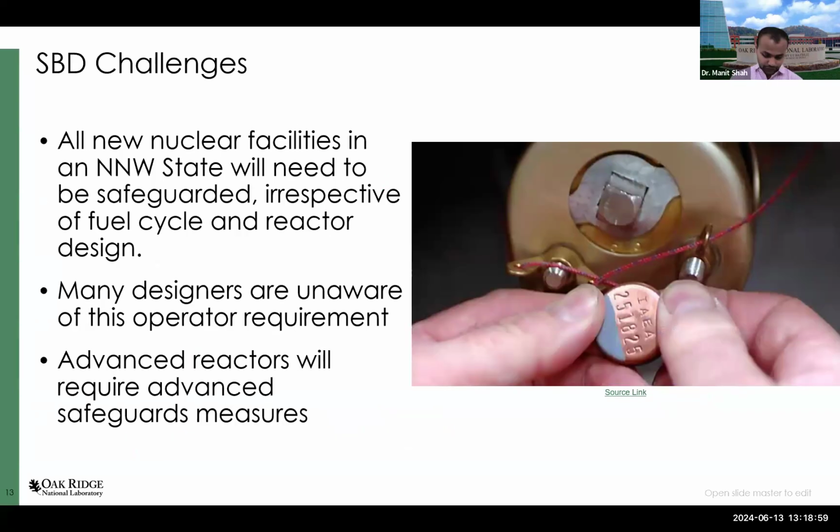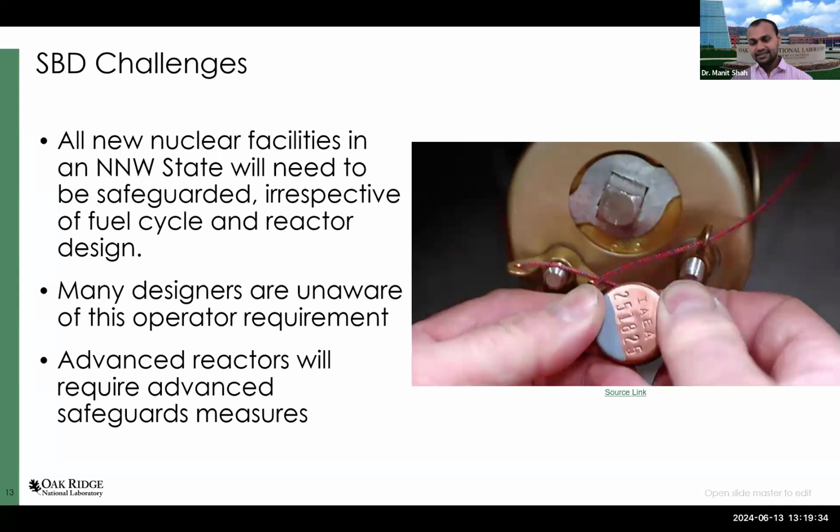But while it's all hunky-dory, in a way, yes, safeguards by design is great, we should do it, there are its own challenges, right? There are always two sides of the coin. And in this case, when we think about new facilities, safeguards will be applied to any type of nuclear facility. And while we are discussing it, it's mainly limited to non-nuclear weapon states.